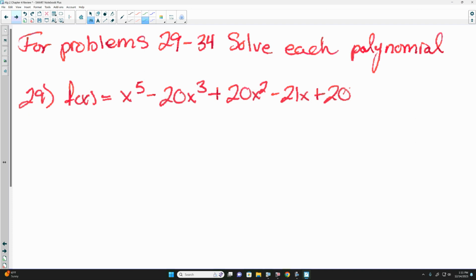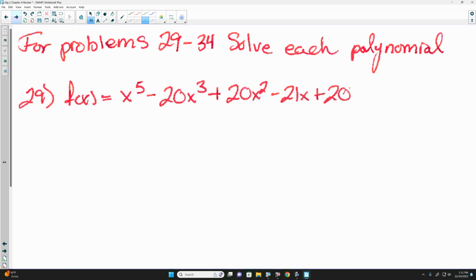Problems 29 through 34, solve. Which one of these do we want to look at? 29. Looking at problem number 29, what is the degree of this problem?